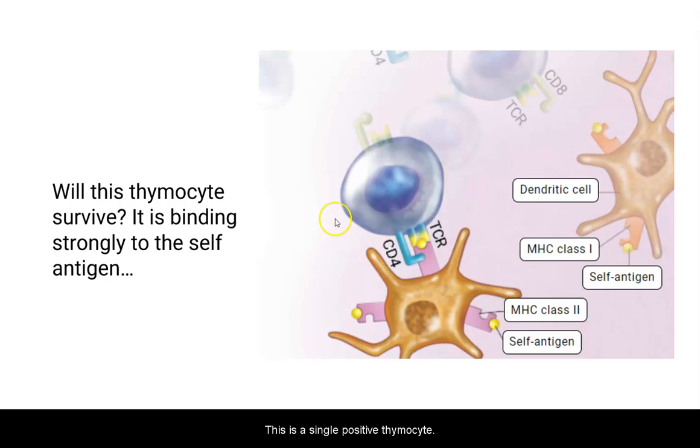This is a single positive thymocyte, so it's only got CD4 receptors and T cell receptors. And you'll notice this is binding very strongly to the self-antigen. So will this thymocyte survive negative selection? The answer is no. It's going to be induced to kill itself, to undergo apoptosis.